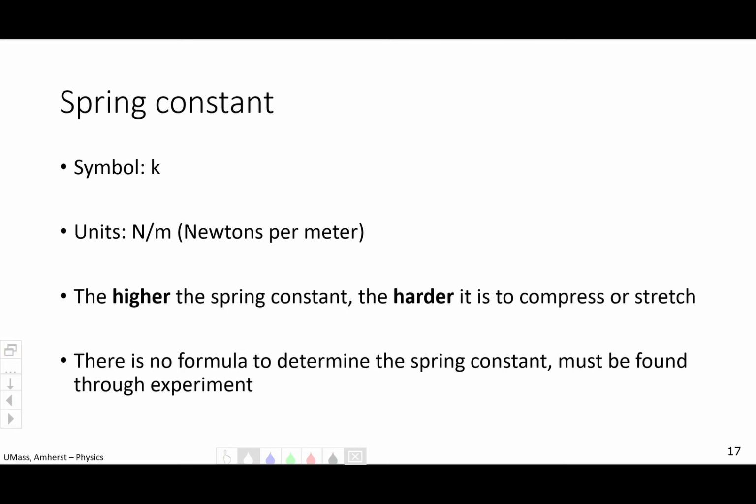The higher the spring constant, the harder it is to compress or stretch, the more force it takes. There is no formula necessarily to determine the spring constant. There are tables out there depending on material and thickness of coil and number of coils and stuff like that. Usually you have to test those materials in order to figure out the spring constant.